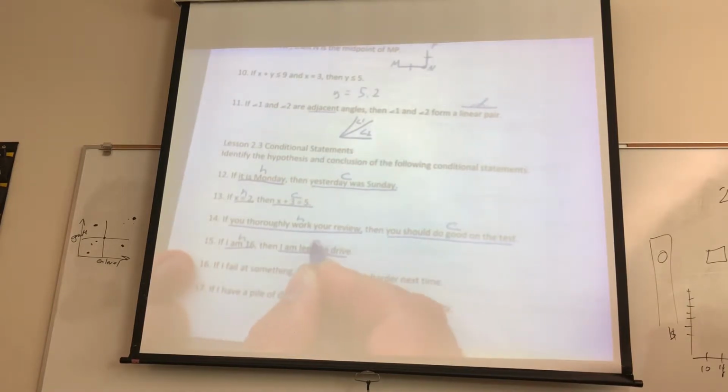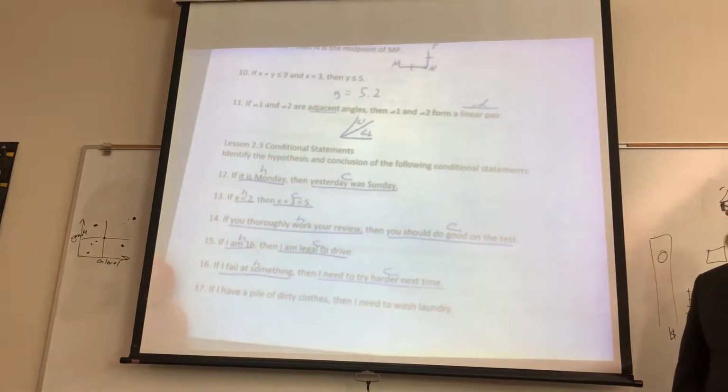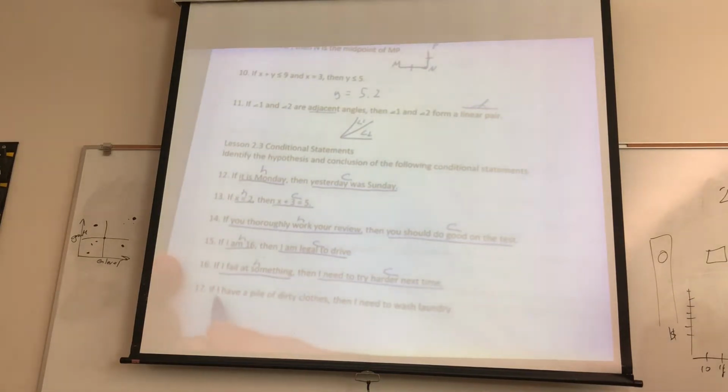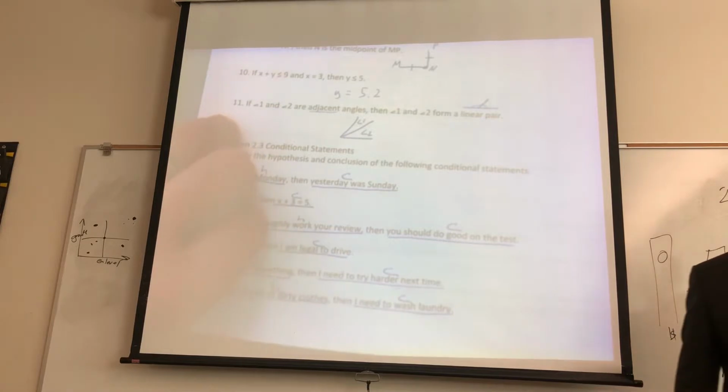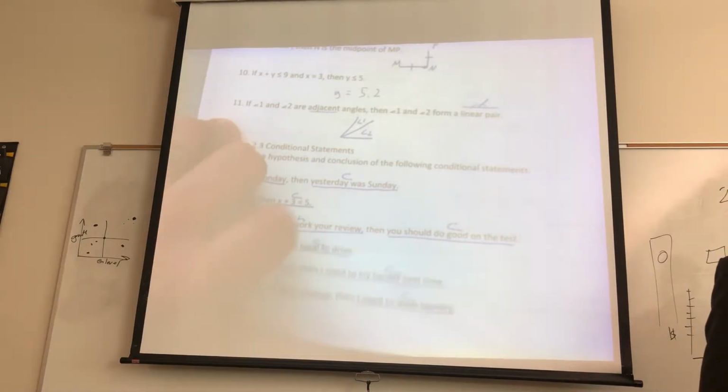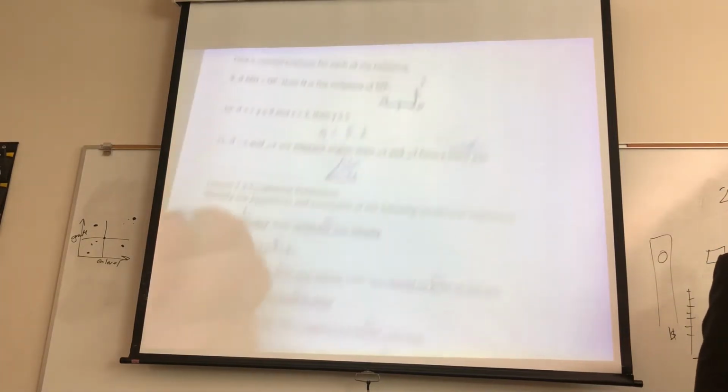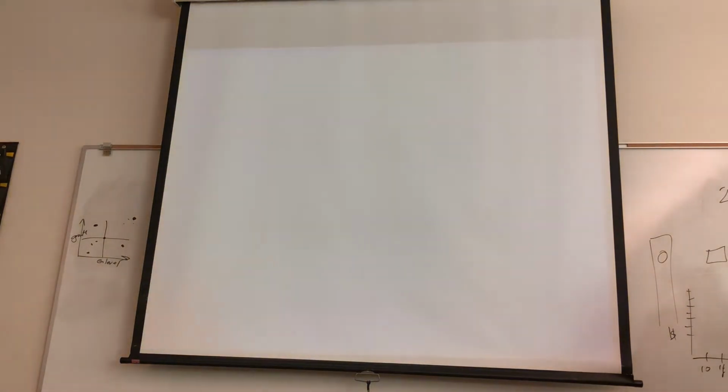Hypothesis, conclusion, hypothesis, conclusion. I can't say much more about this, really, other than make sure you know this. There's not any kind of fancy rhyme or anything that works like that. Hypothesis is after the word if, conclusion is after the word then.